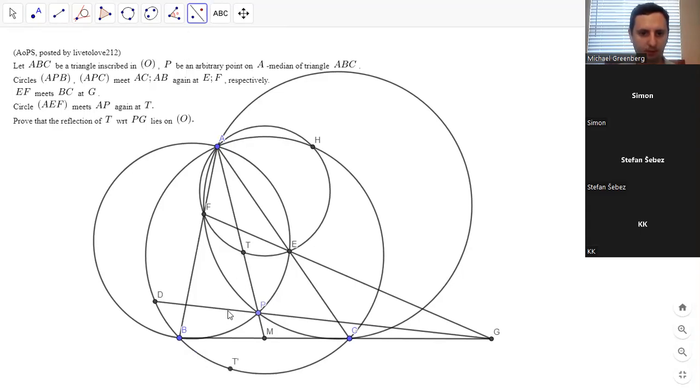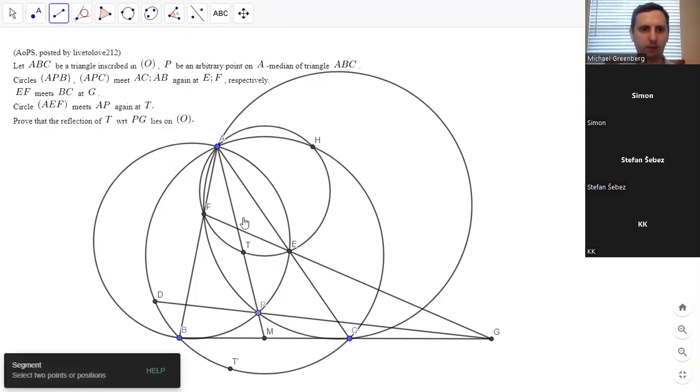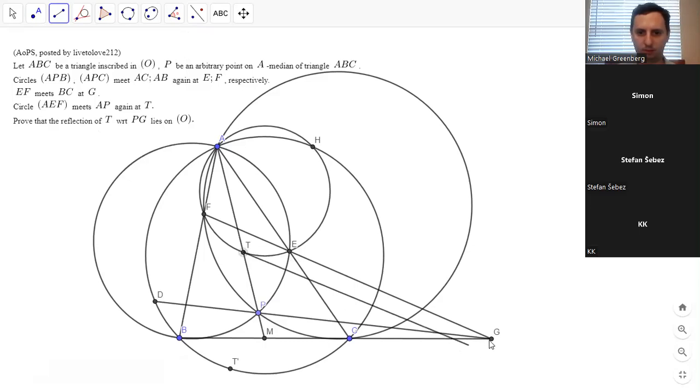We reflect T to T'. I wonder if HT' is perpendicular to GT. It looks true.